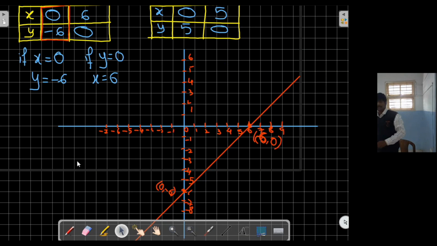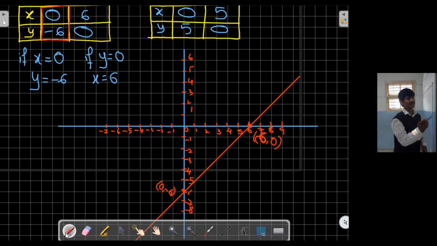Yes or no? So we will draw one more straight line here for 0, 5. We will check 0, 5. 0 is here, 5 is upper here. This is 0 comma 5.